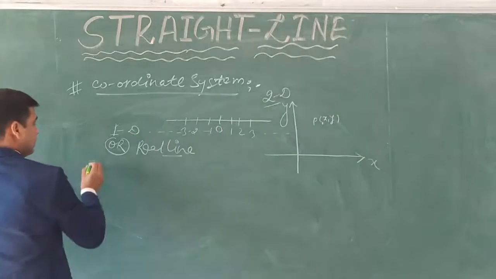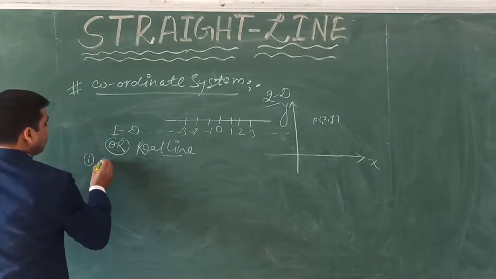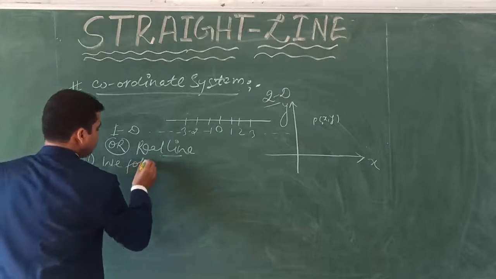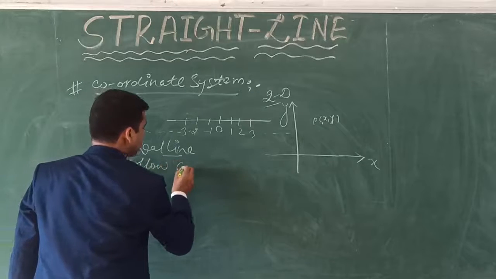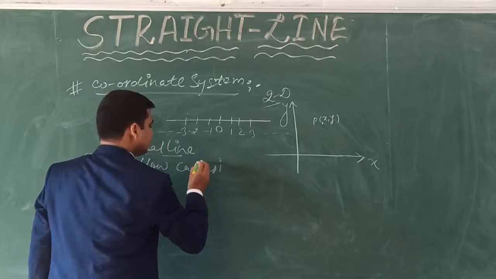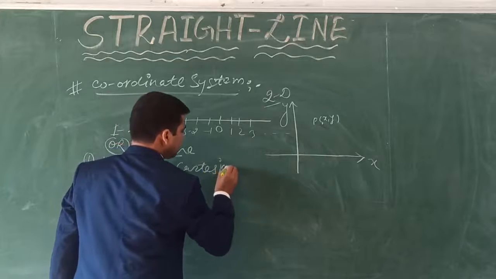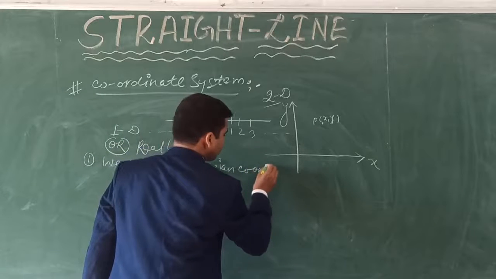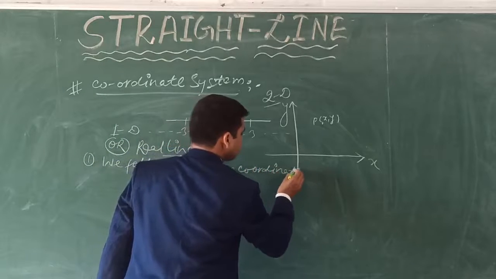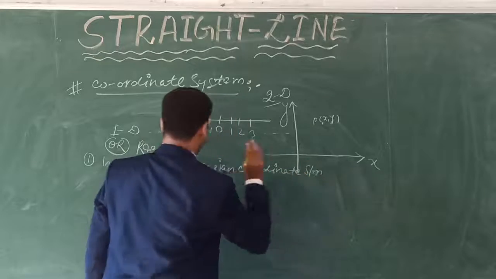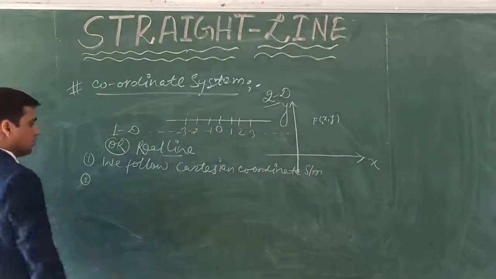Now see this here. So in this coordinate system, first point is we follow the Cartesian coordinate system. What is the second point?